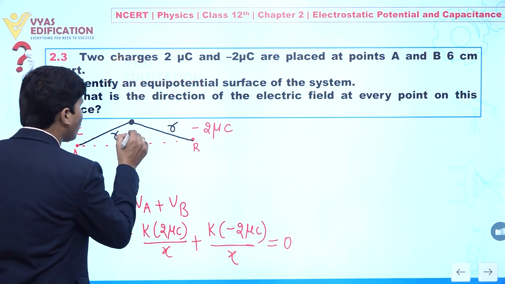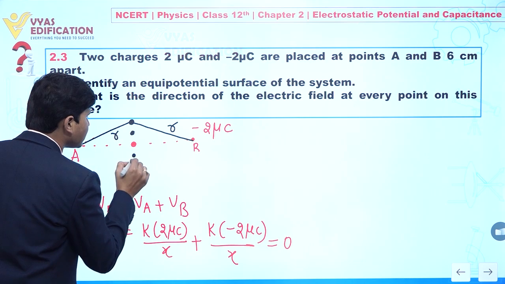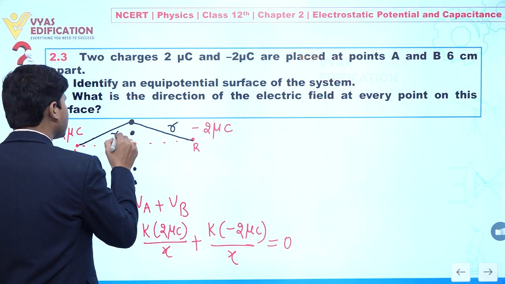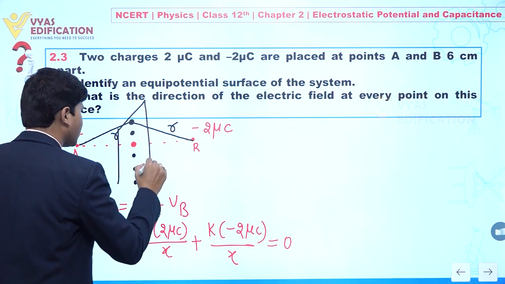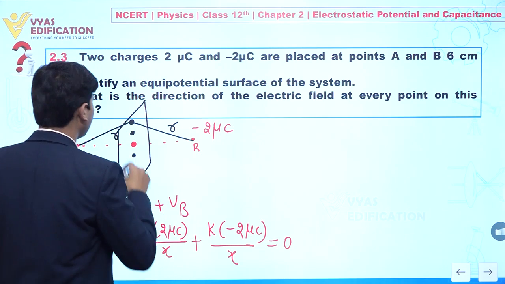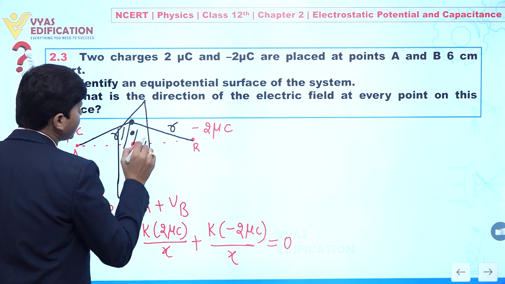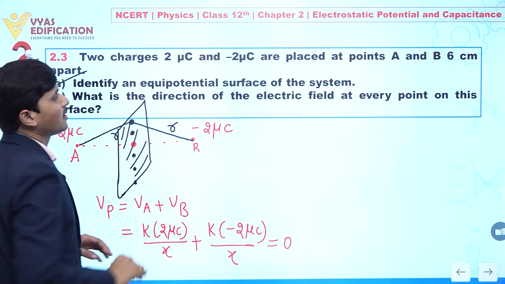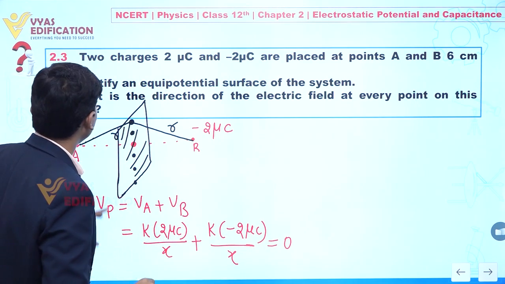It means all those points like this, where we find electric potential 0, yes or no. So from here you can see the equipotential surface will be like this, clear to you. This will be the equipotential surface according to part number A, clear to everyone, yes or no.